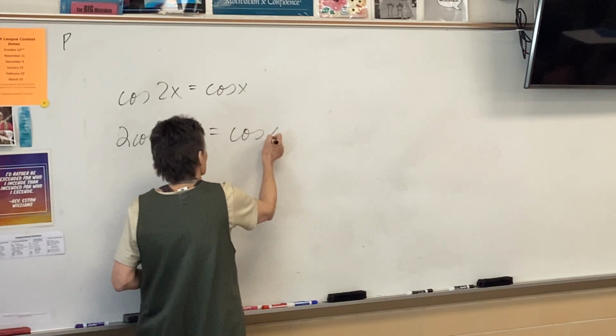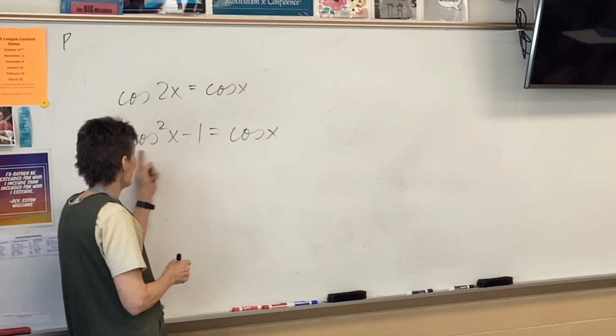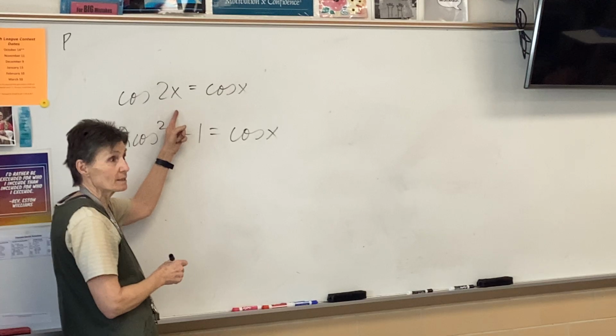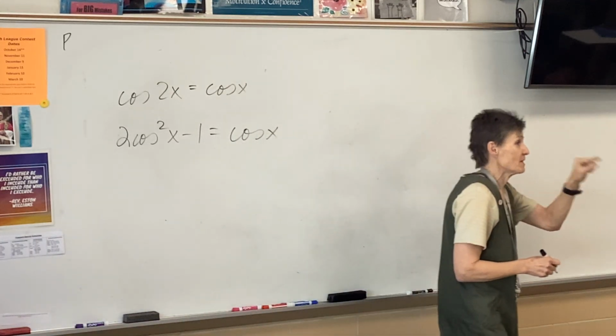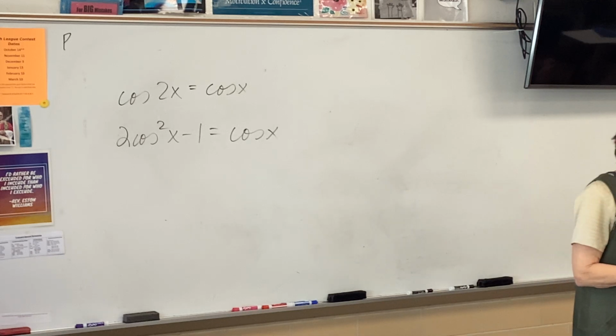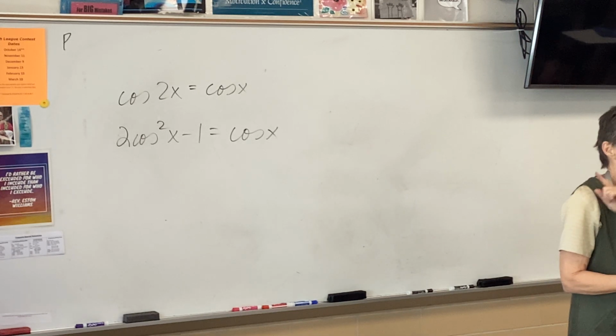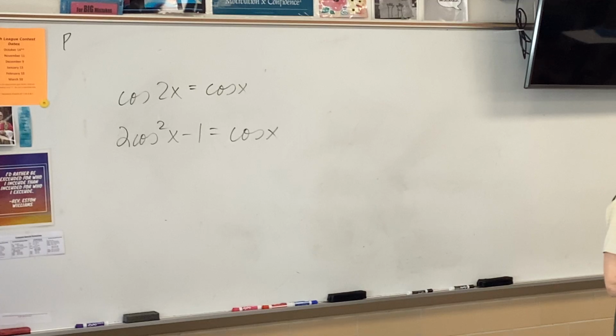Now, first of all, that is one of your cosine 2x formulas. Understand that any of them will work. Why is this one going to make it easier for me? It's the only one with just cosine.